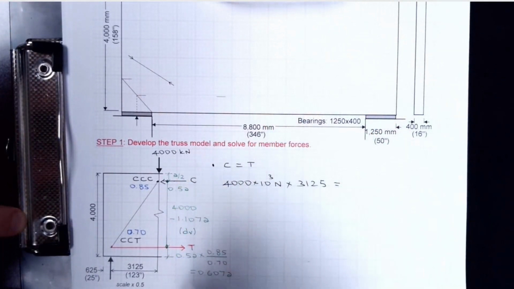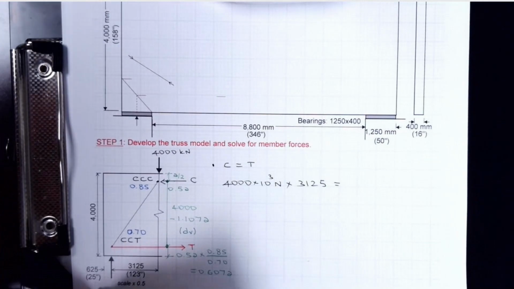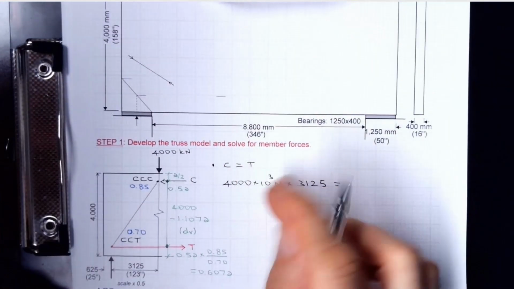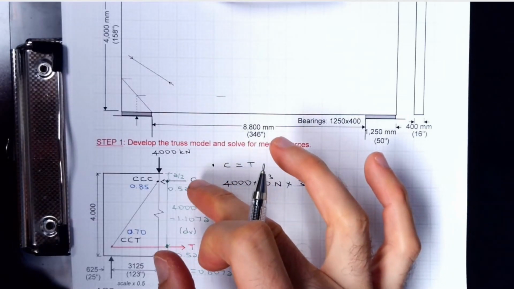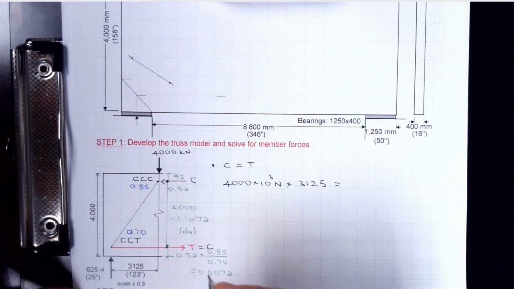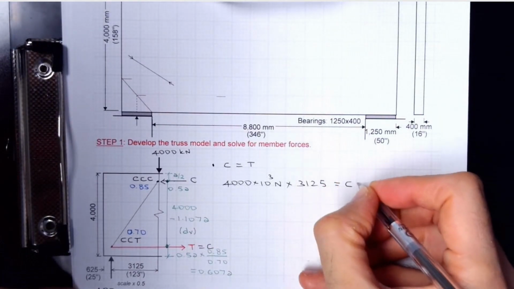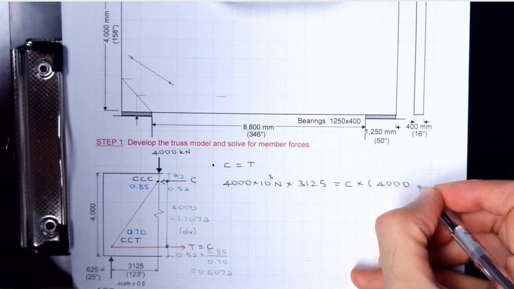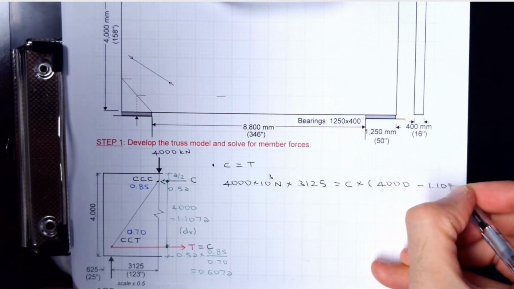So this is the couple, because if this is 4000, this is going to be 4000. That's the distance in between. This is the moment. That should be equal to C equal to T. So I can say this is equal to compression as well, C times 4000 minus 1.107A.